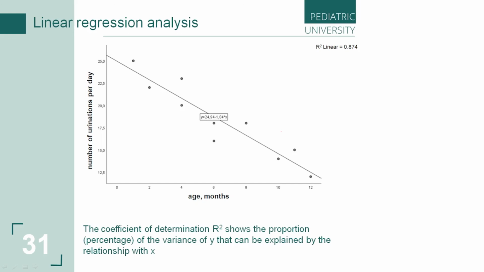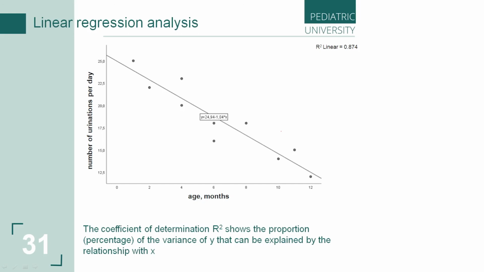It's called the coefficient of determination and shows what percentage of the variance of y can be explained by the relationship with x. This is the case where we have one variable, a simple regression analysis.